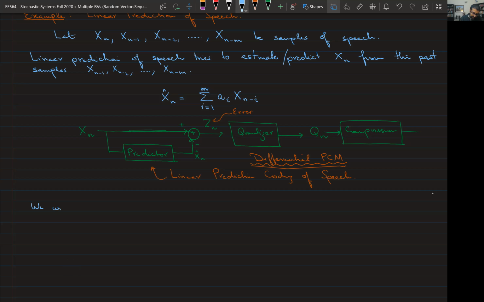So we wish to choose these A1, A2 through AM such that what is minimized? What do you think? What should be the objective function? Xn should be minimized.